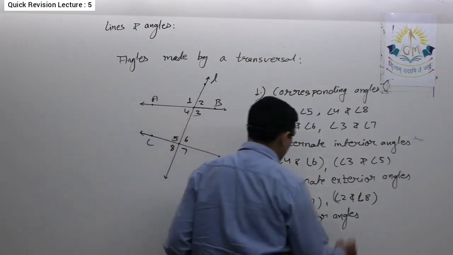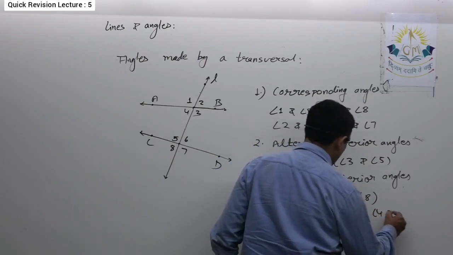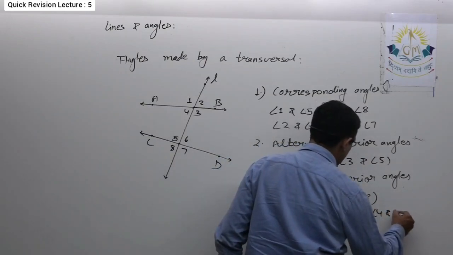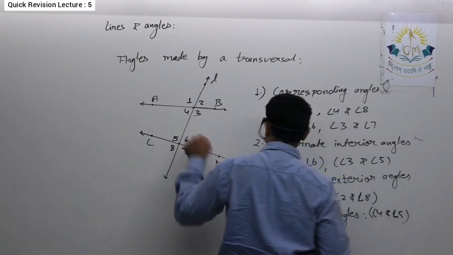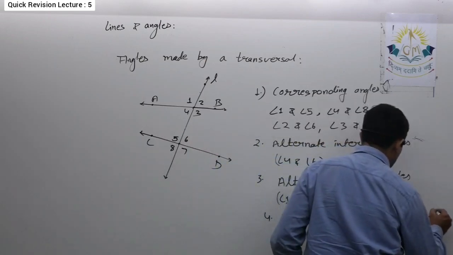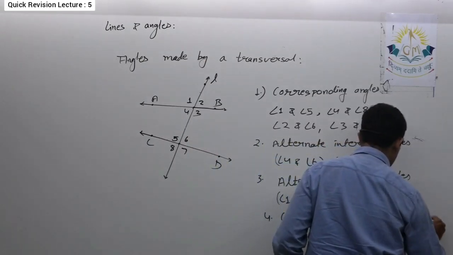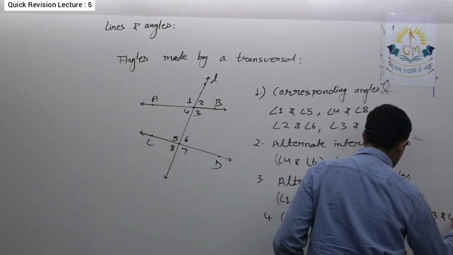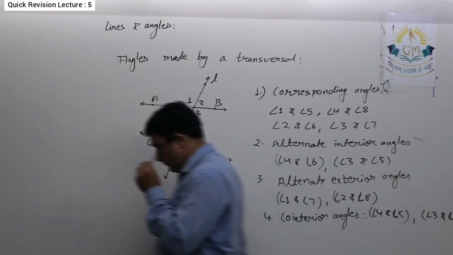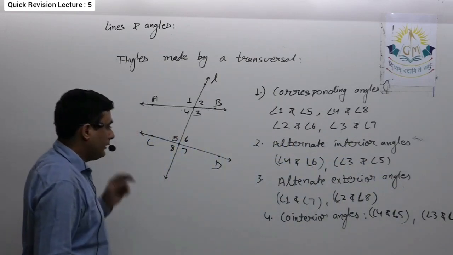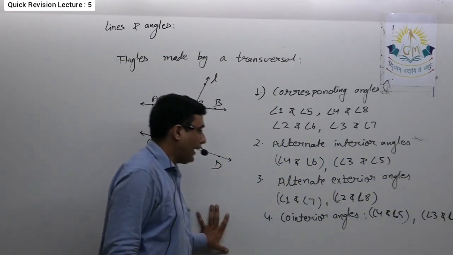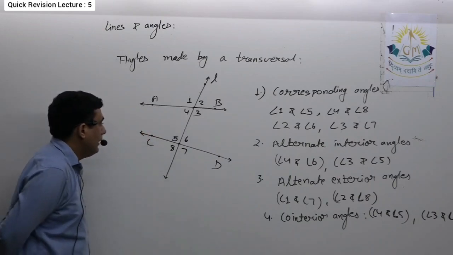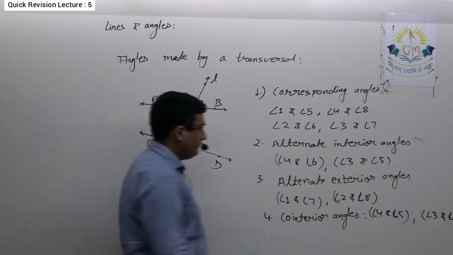So angle 4 and angle 5, and angle 3 and angle 6. Okay, so these are the co-interior angles.